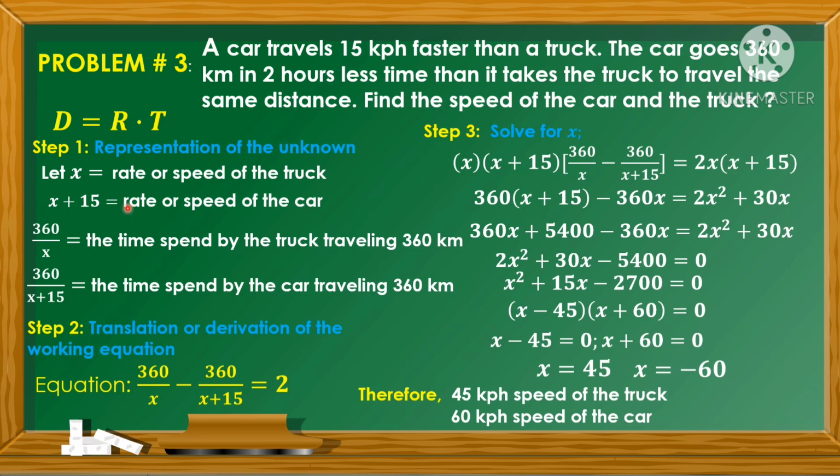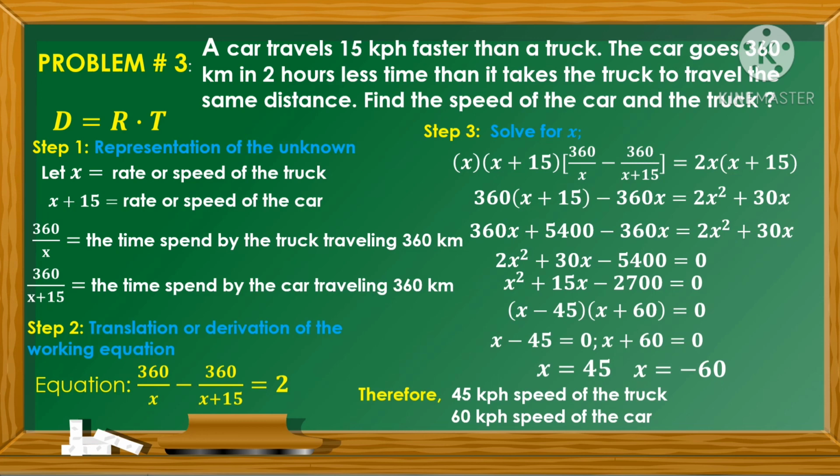Kasi ang representation natin sa rate or speed ng car ay x plus 15. Yung x, ang value ay 45, kung saan yun yung rate ng truck. So, 45 plus 15, you have 60. Kaya ang sagot natin, 45 km per hour yung speed ng truck at 60 km per hour yung speed ng car. Okay? So, that is how we solve motion problem.